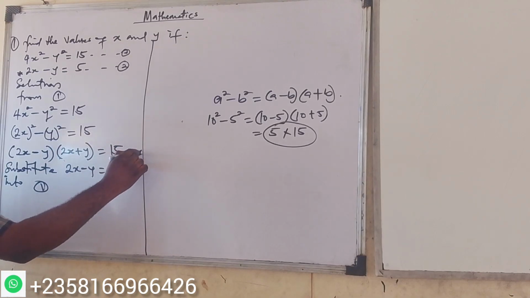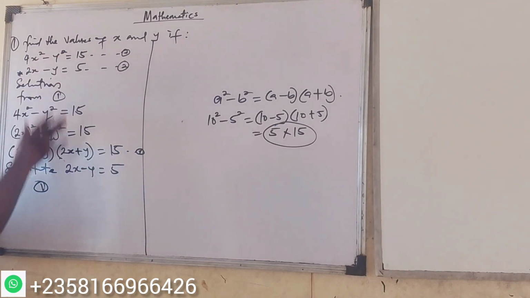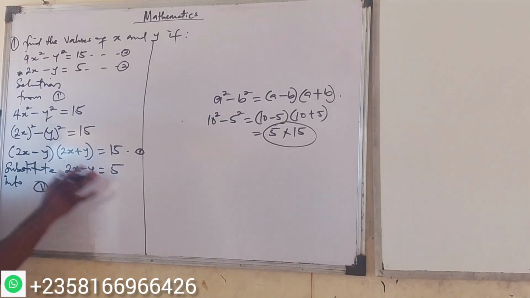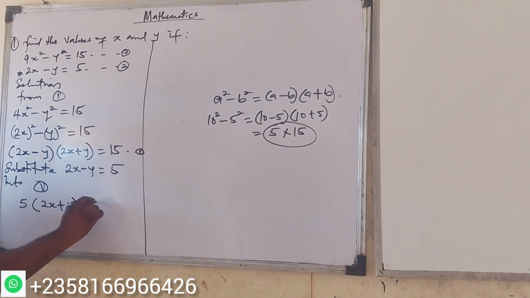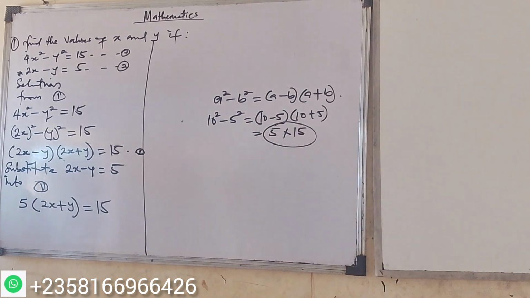We only applied the difference of two squares. Putting 5 in place of 2x minus y, we have 5 in bracket 2x plus y is equal to 15.